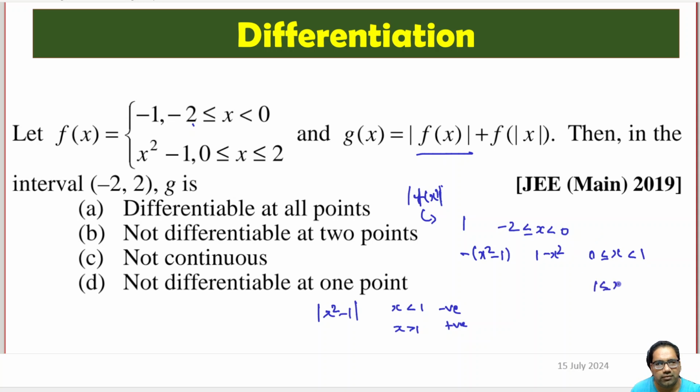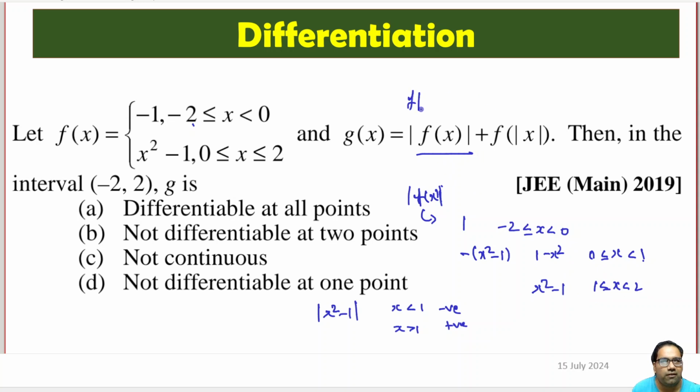And for 1 less than or equal to x less than 2, it is anyway positive, so it is x square minus 1. So it is 1 when minus 2 is less than or equal to x less than 0, 1 minus x square between 0 and 1, and x square minus 1 between 1 and 2. This is about absolute value of f of x.